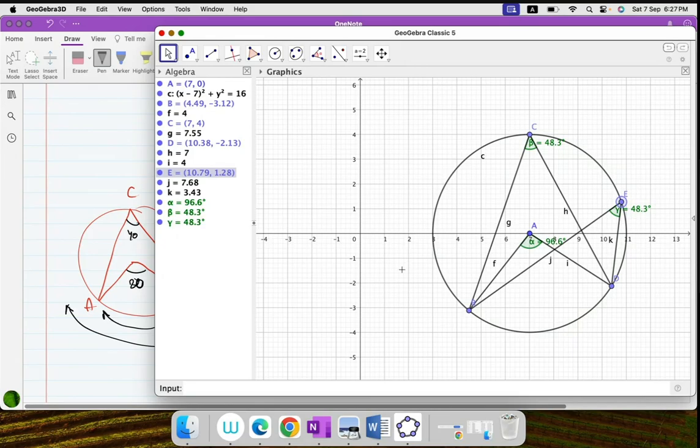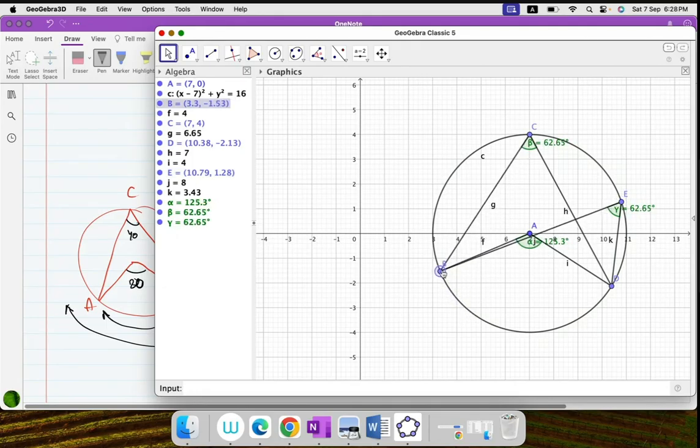Will it still work like the 2x? Yes, it will work. See this 96? Half of 96 is 48. Now I'm widening it. And this is one of the positions I was telling you with E, that it exactly overlaps the radius. 128, half is 64.